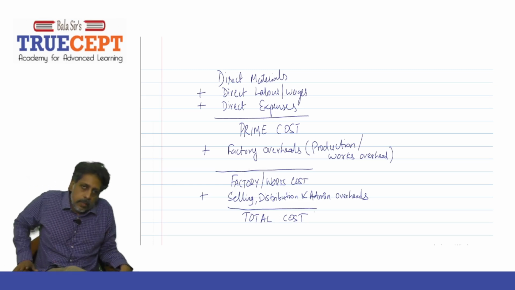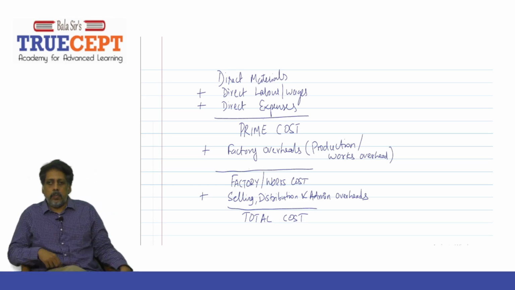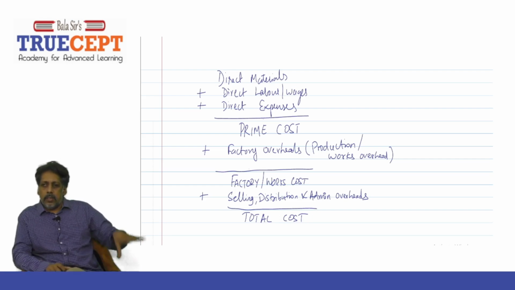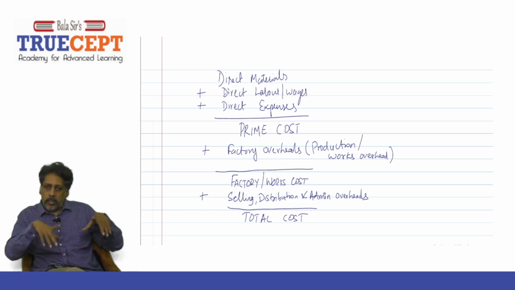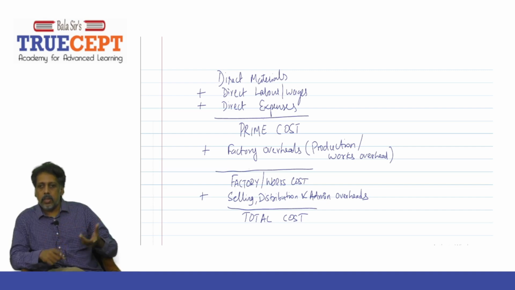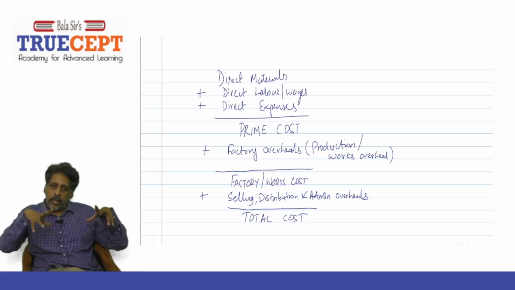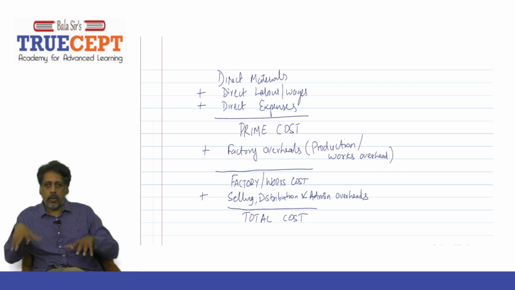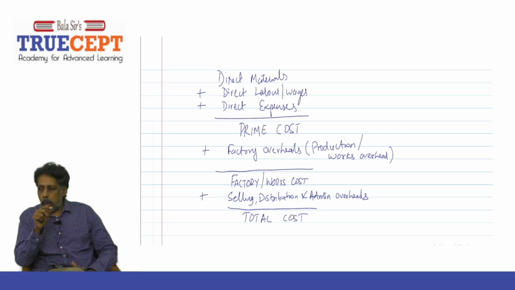Is that clear? Yes. Now, please remember, the selling, administrative and distribution overheads are all non-manufacturing cost. Yes or no? These are indirect non-manufacturing cost. It's a very popular phrase in the US.